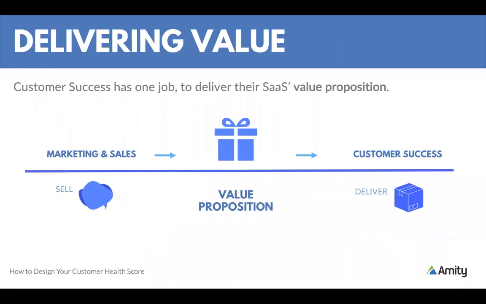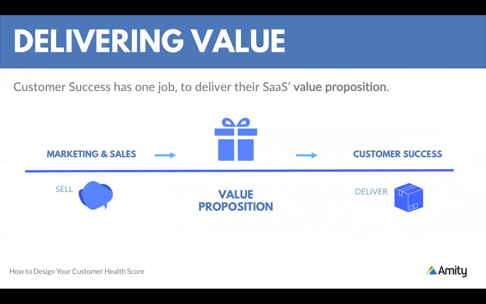So yeah, let's step back for a second. You can think of a SaaS business as having two arms, all built around your value proposition. So you've got the marketing and sales. You can tell that the marketing team put this slide together. The marketing and sales team sells customers on your value proposition.